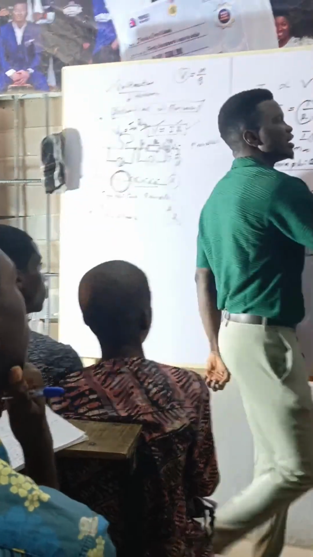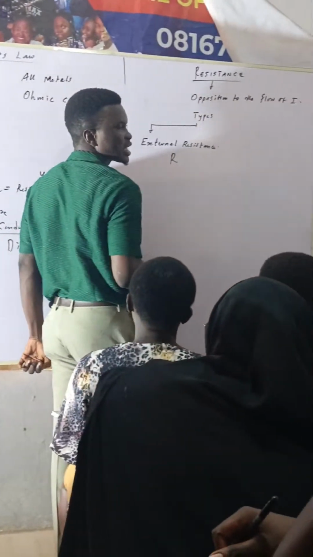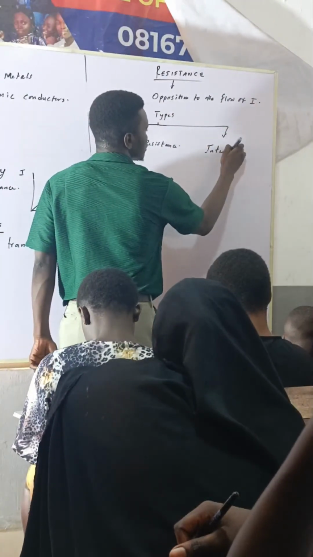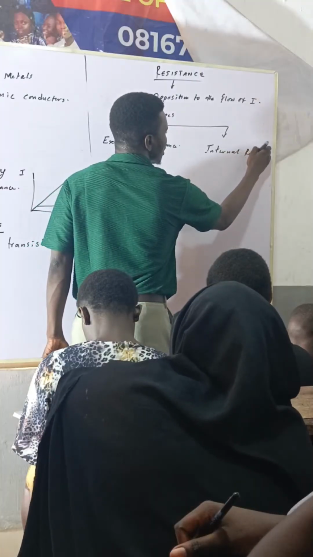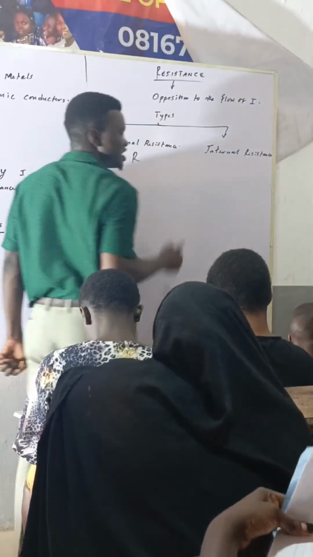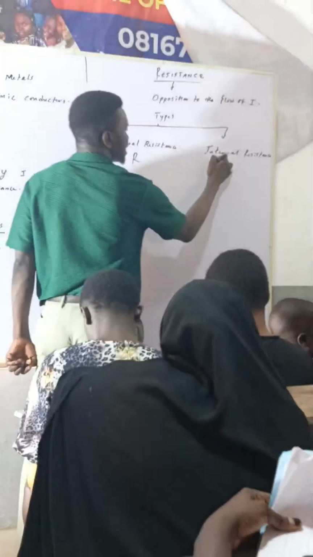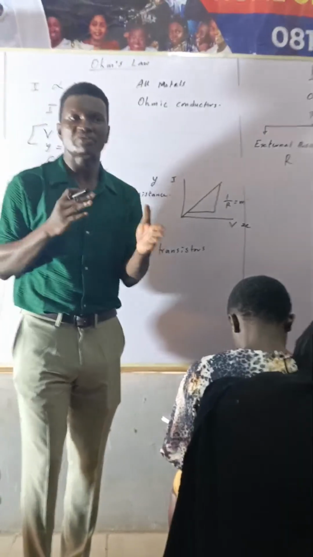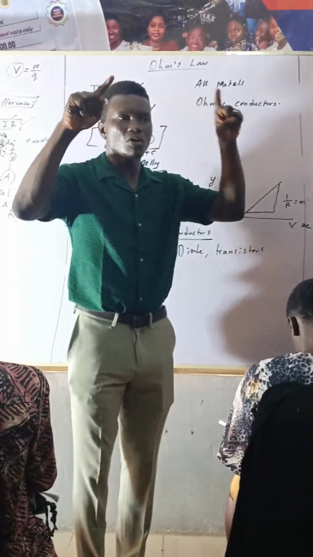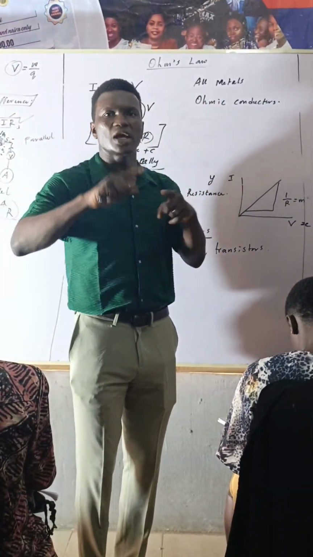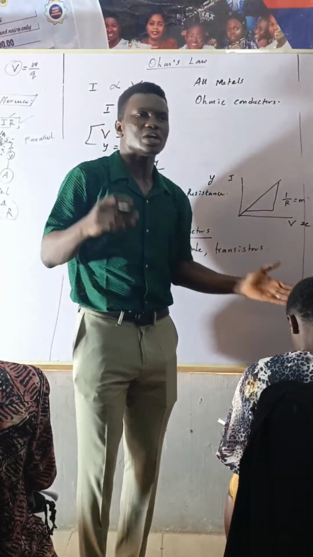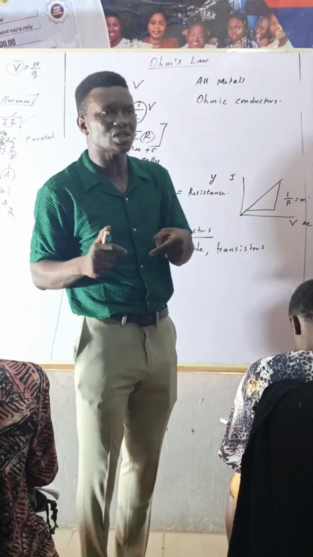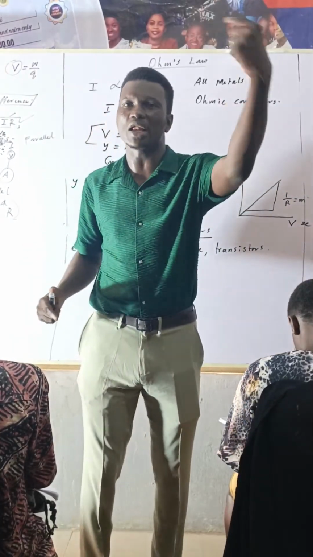Your external resistance is usually represented with R, while the second one is internal. Internal resistance is the opposition to the flow of current in a battery. Even the battery itself has some bit of resistance. If you have done electrochemistry, you will know how batteries work, how electrons move from anode to cathode, the salt bridge, because it is chemicals in a battery that are being converted to electricity.